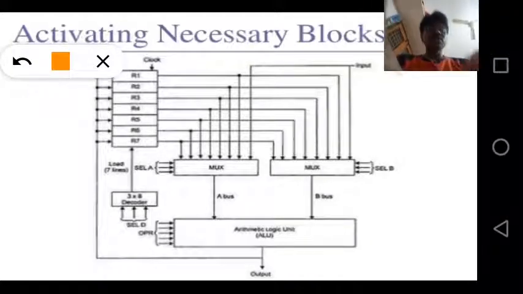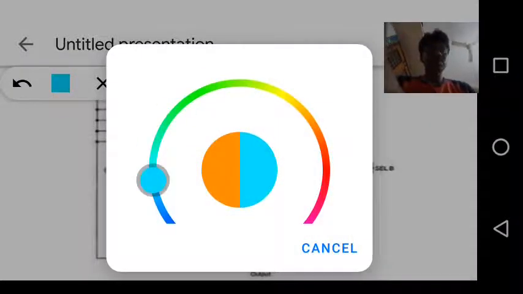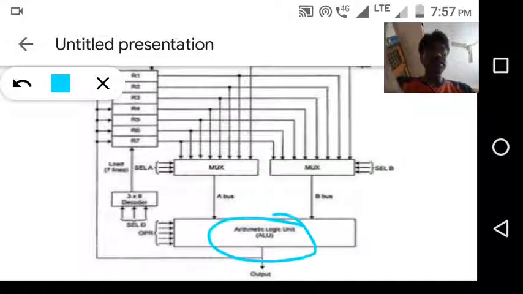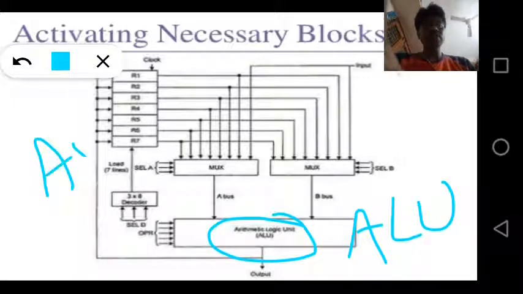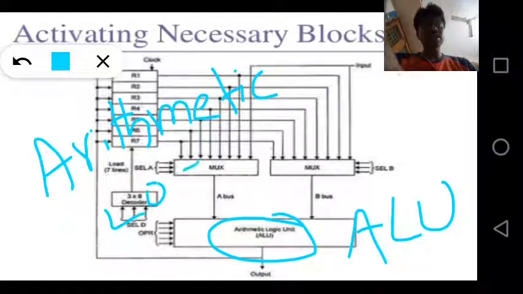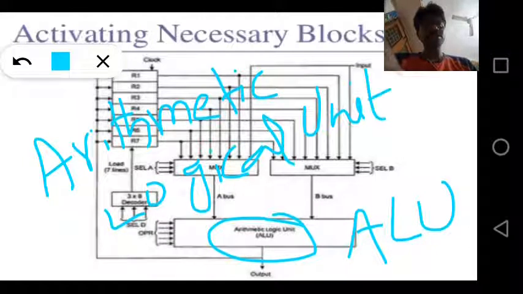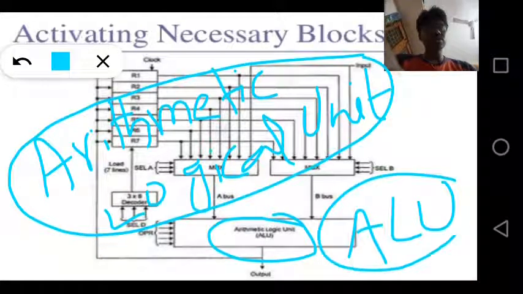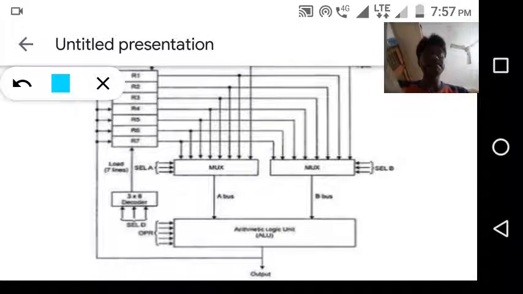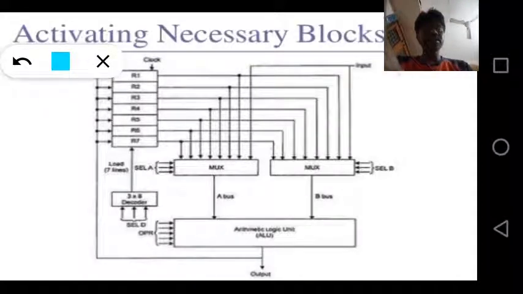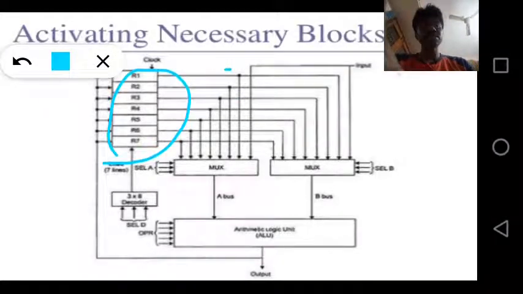Here we have the arithmetic and logical unit, ALU. ALU stands for arithmetic and logical unit. This ALU is responsible for doing arithmetic operations, and here we have a set of registers.